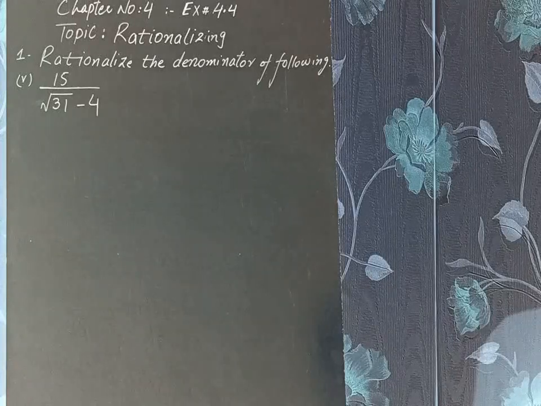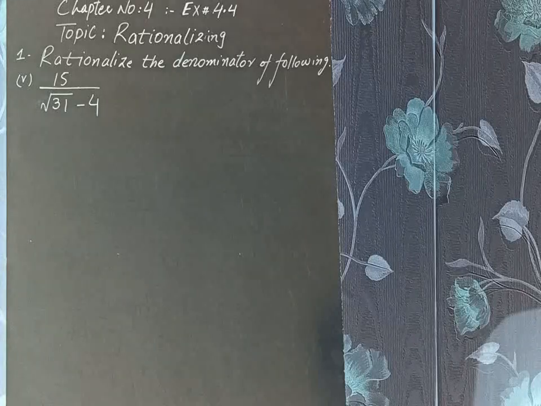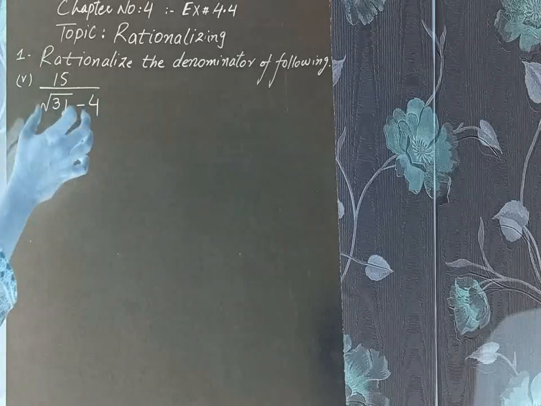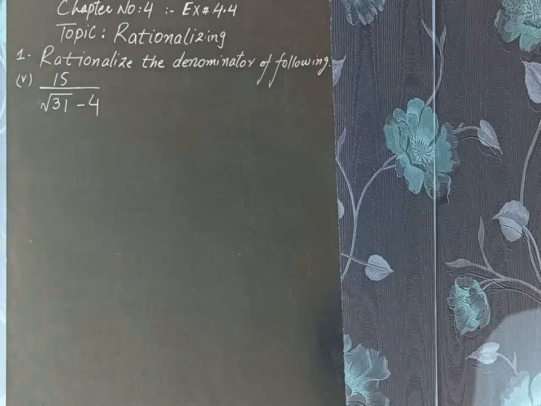Now the next parts 4, 5, 6, 7 are almost the same. So part 5 I will solve over here. 15 over under root 31 minus 4. As I have told you, there is a surd in the denominator. I will take the conjugate of this and multiply the expression by the same conjugate and divide by it.